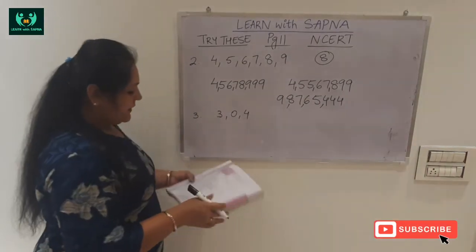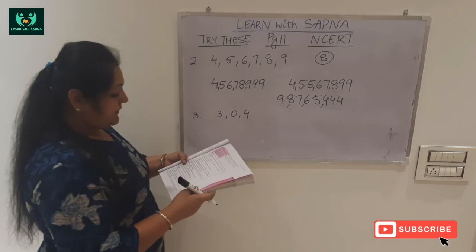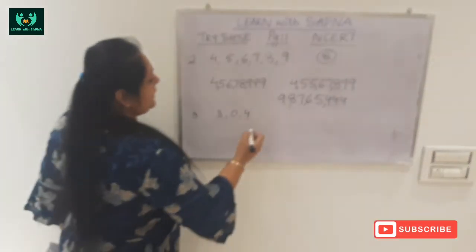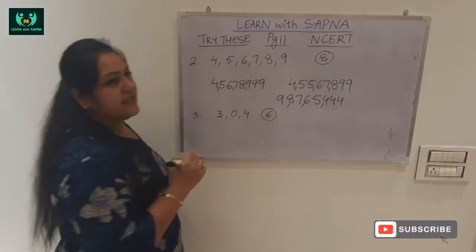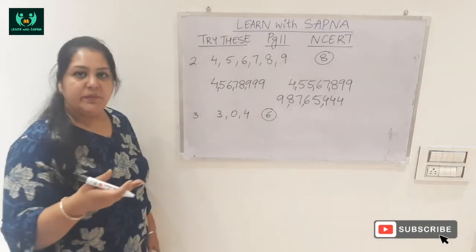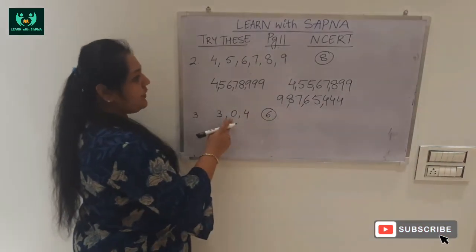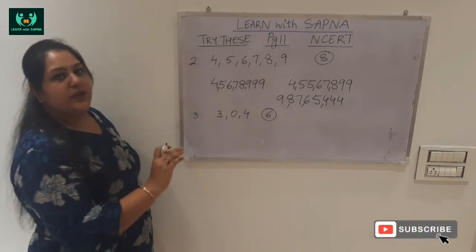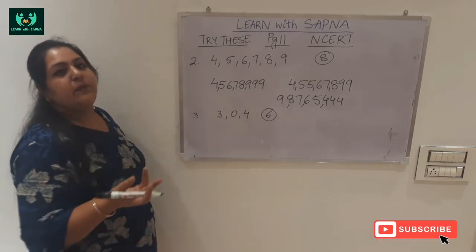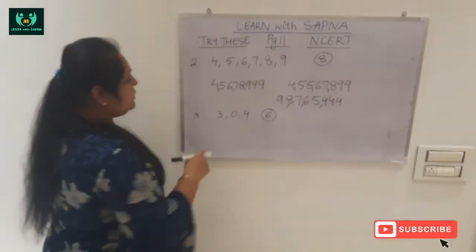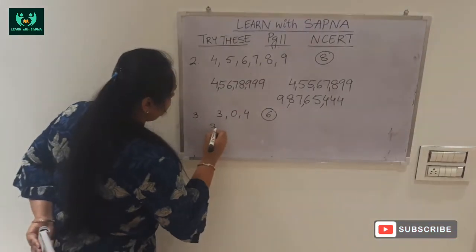Again with this number 304, we have to make 5 numbers with 6 digits. Now here we have to make numbers of 6 digits. So we'll have to do multiple repetition, and also since we are making a 6 digit number, we have a 0 here. We cannot put 0 in the first place because then it will become a 5 digit number. So what possibilities could be there?